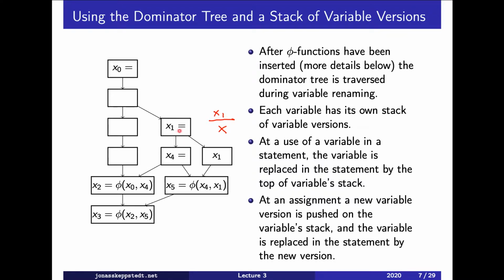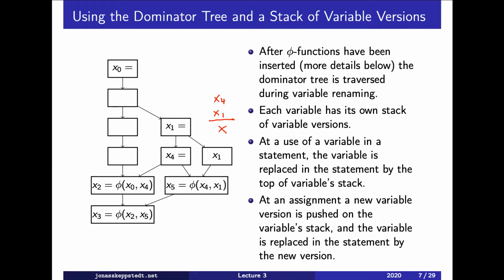And then when we use x, we check the top of the stack and take the version at the top of the stack. Okay, now we go down here and push x4. So we use that. And as we can expect, after we have visited this part of the dominator tree, we will remove x4 and have x1 as the top of the stack.